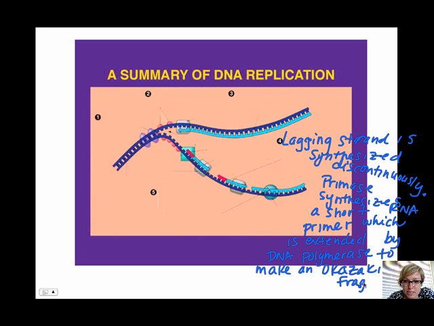And this, of course, is named after the guy who discovered it. So, what does all this mean? So the lagging strand is synthesized discontinuously. It's synthesized in little choppy fragments, which is then put together again by DNA ligase.